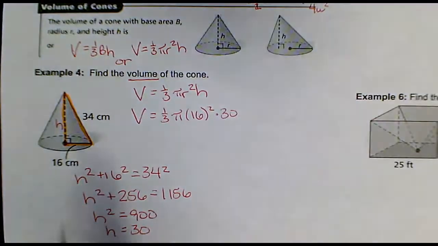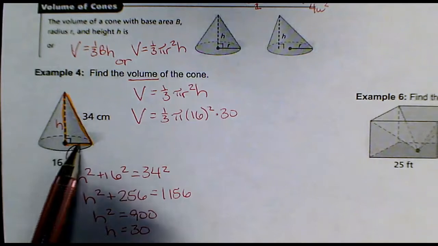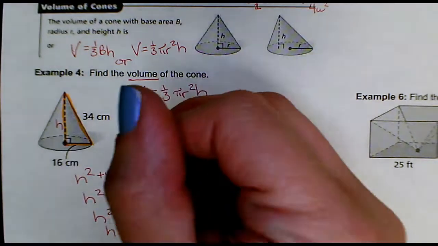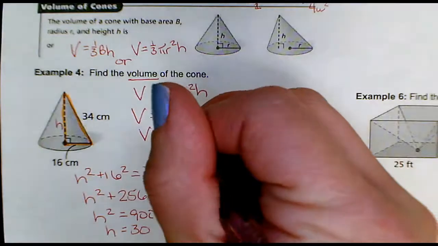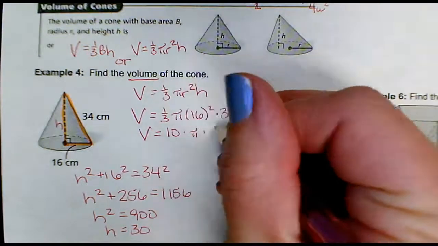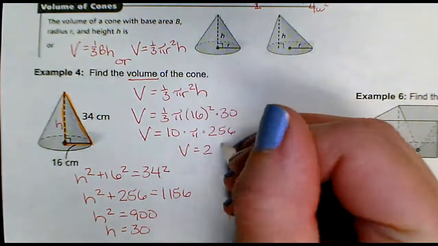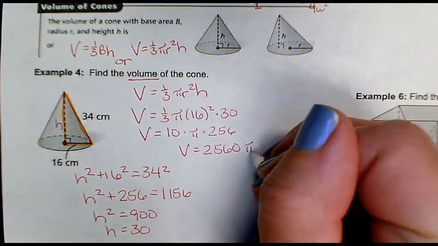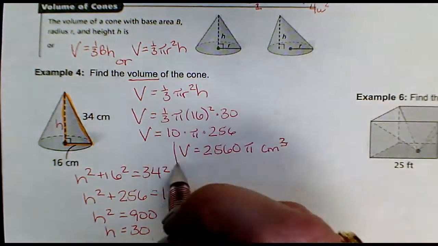So that seems about right. It's less than the hypotenuse, 34, but it's much taller than the 16 centimeter radius, so that is logical. 1/3 of 30 is 10. Times pi times 256. So my volume is 2,560 pi, and I'm measuring in centimeters cubed because this is volume.